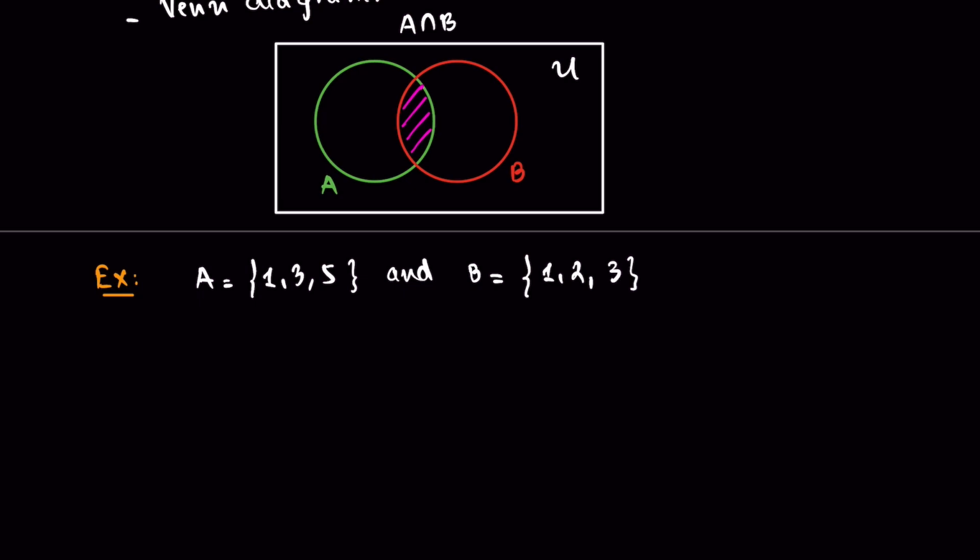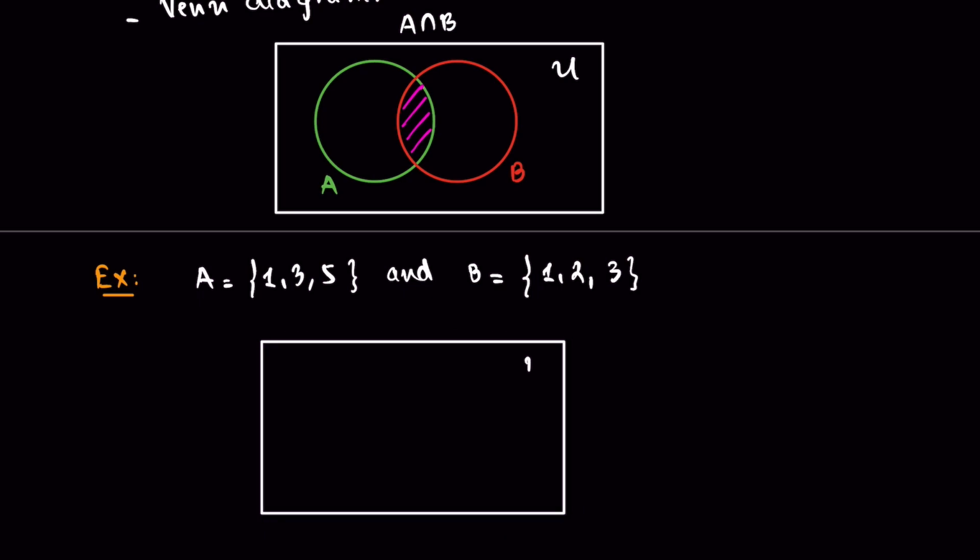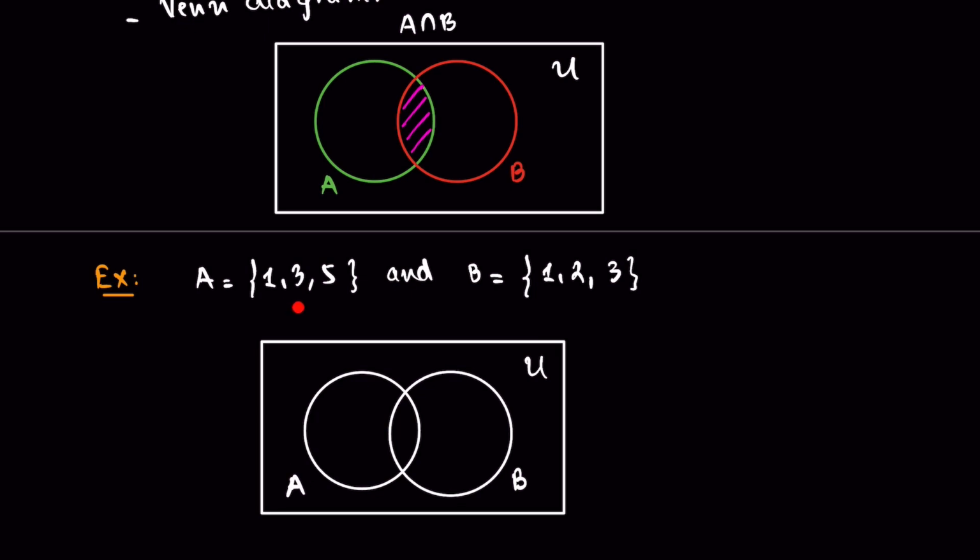In terms of the intersection between two sets, it's always good to start with the Venn diagram. So you start out with the universal set. You have two sets, set A and set B. The common elements in both A and B are 1 and 3.